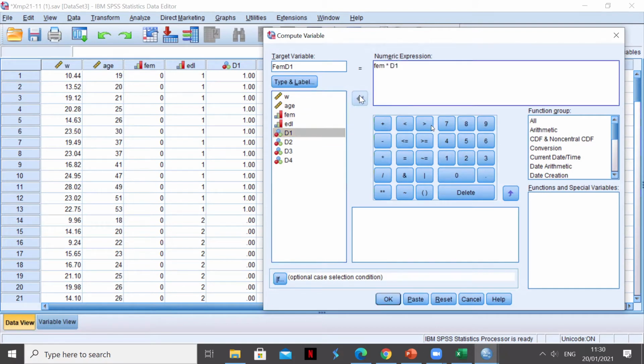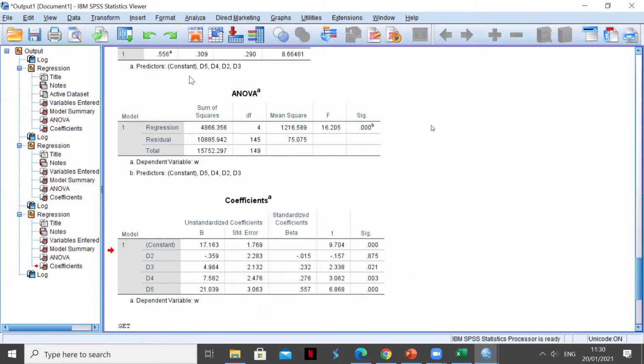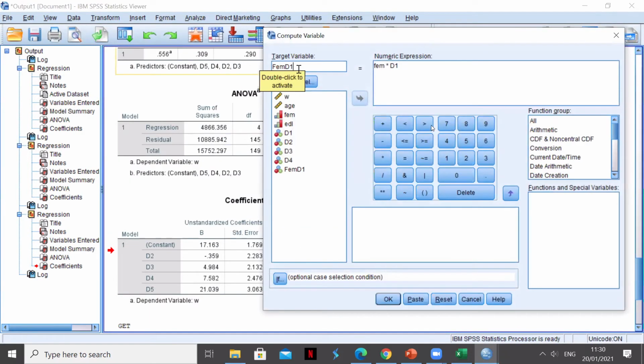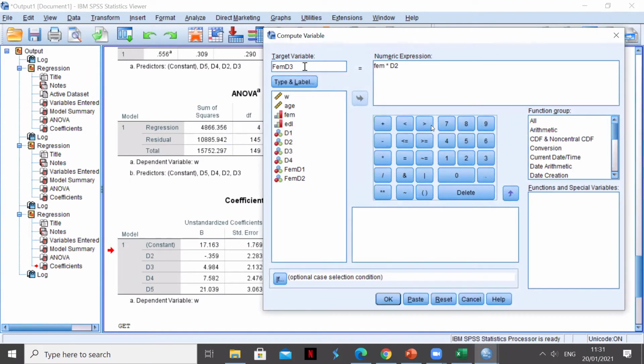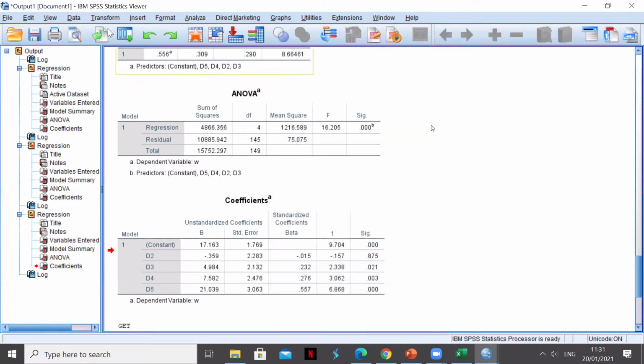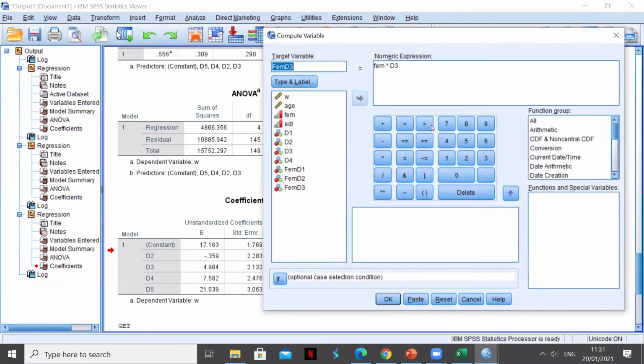It's actually as simple as that. It's just a bit of work. You click OK. And you're going to do that for your other variables as well. Then femD2, you can just change the numbers. For the third one, and for your fourth one.